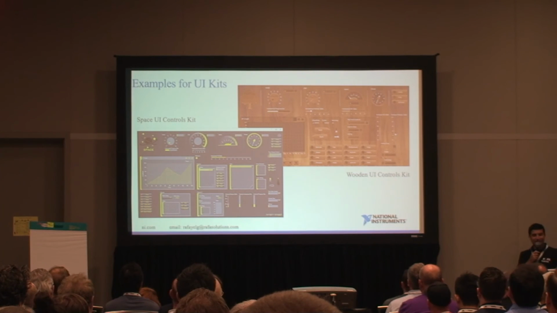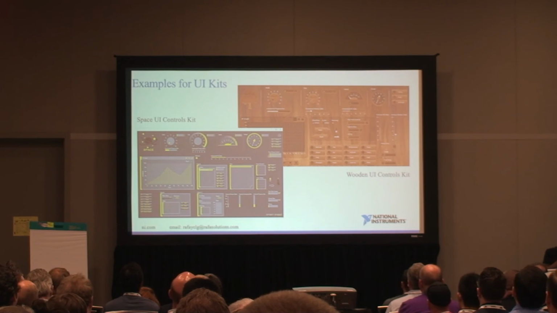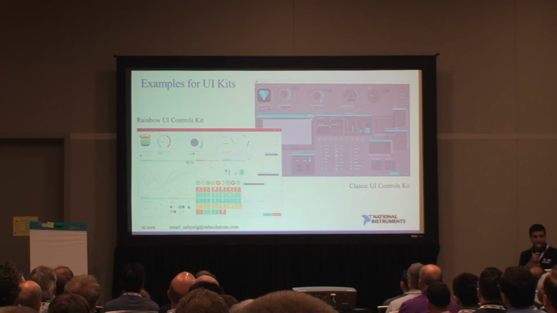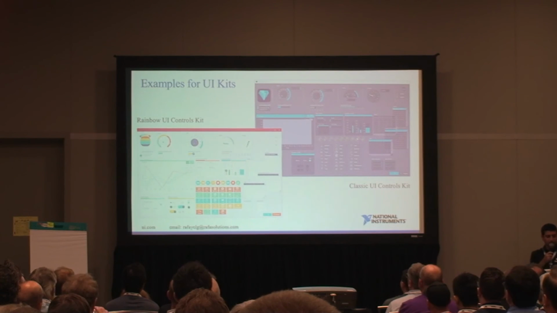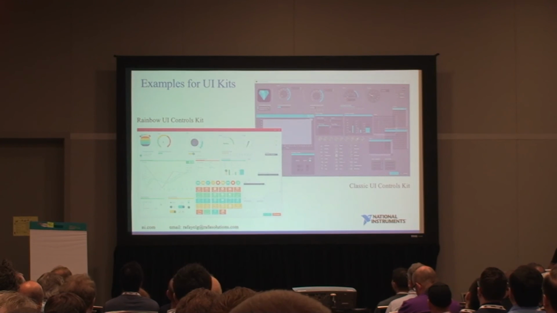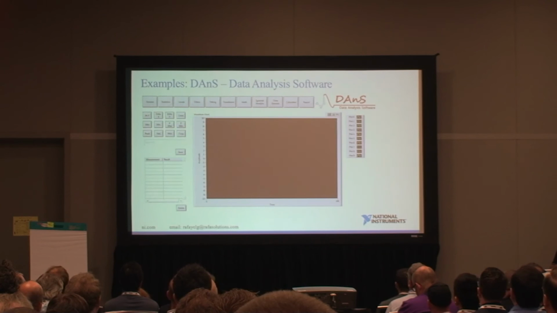Or, I don't know which application, just an interesting one. The others are these rainbow colors, a very flat controls UI kit, very similar to Windows 10 style. Another one is this classic UI controls kit.